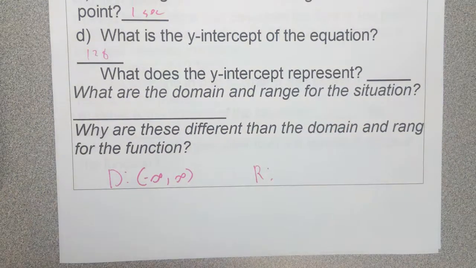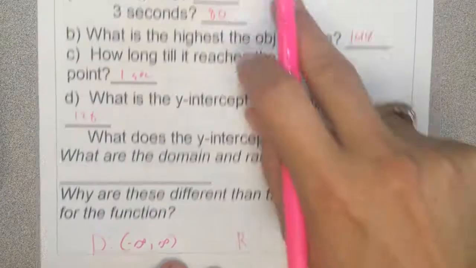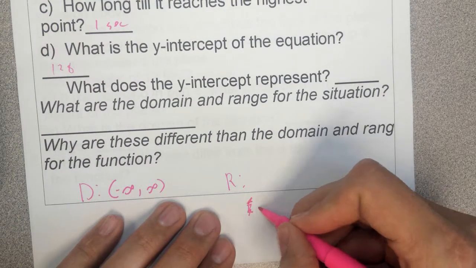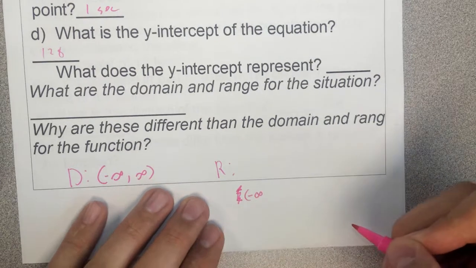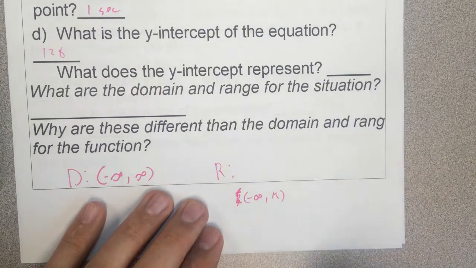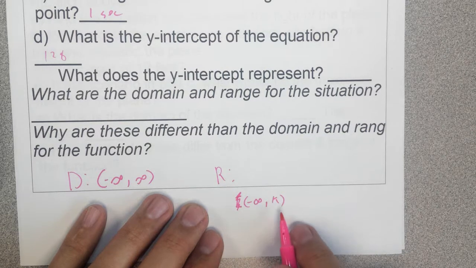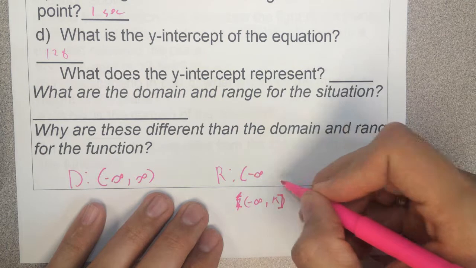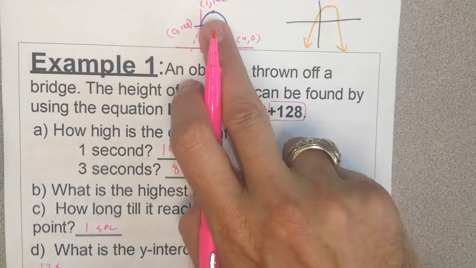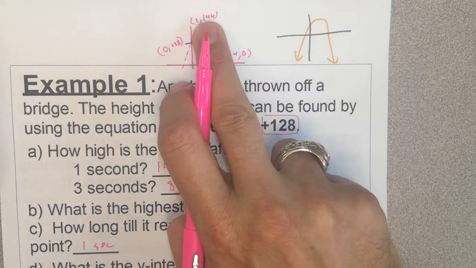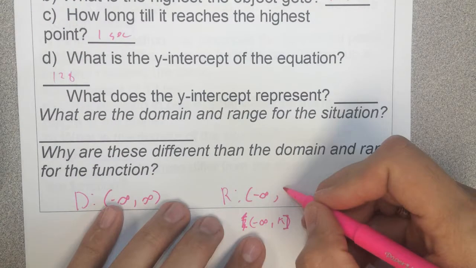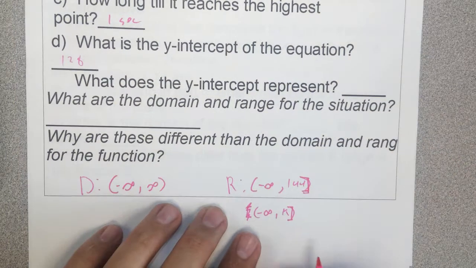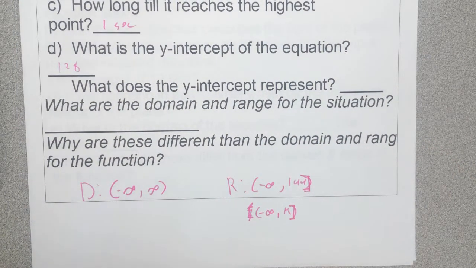My range, since it opens down, is going to be negative infinity to k. K is that vertex value, and k is going to be inclusive. So I have negative infinity all the way up to k, which is my y value of my vertex, 144. That is what my functional domain and range look like.